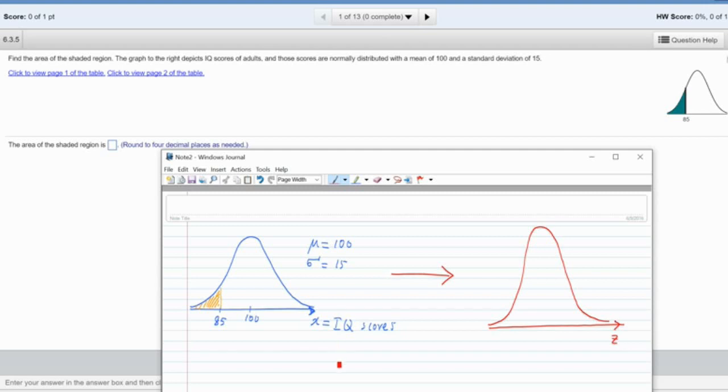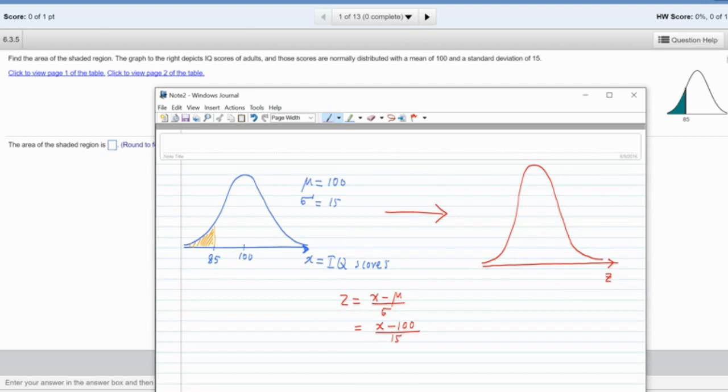We use this formula: z equals x minus mu over sigma. What is the mu here? The mu is 100 and the standard deviation is 15.